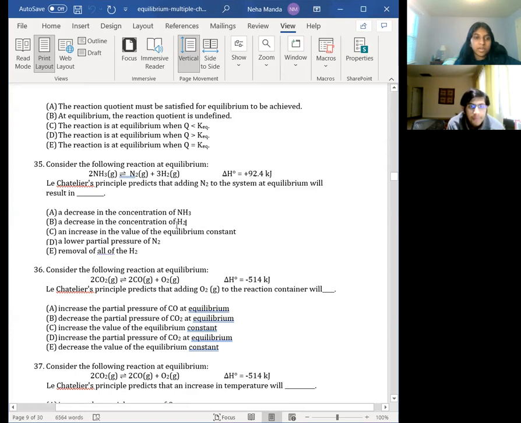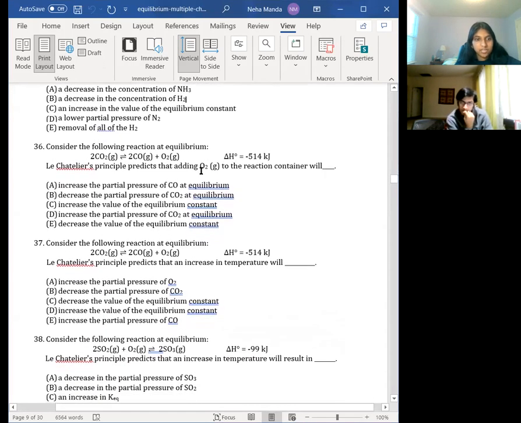Because if everything shifts to the left, then H2 will also decrease. And E is way too extreme, like removal of all of that. We don't know that. It's not going to say all. It might say virtually all in some cases, but it definitely won't say all. So I think it is B, yeah.